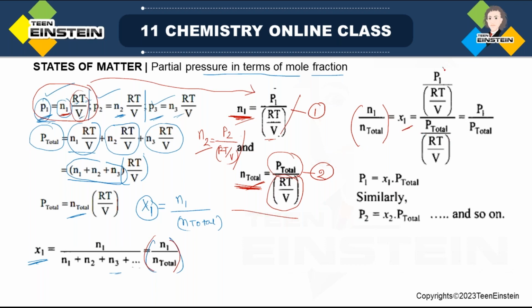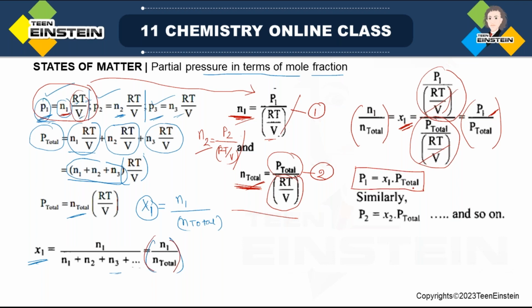Now put individually the value of N1, which is this, and in the denominator N total from equation 2, P total by RT by V. So these two parts will be cancelled. You will be left with P1 by P total. So ultimately, what equation are we reaching? We are reaching that P1 is equal to X1 into P total.